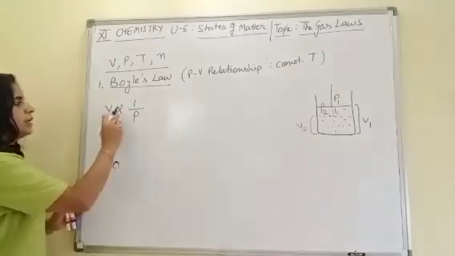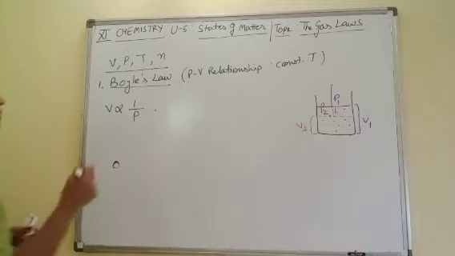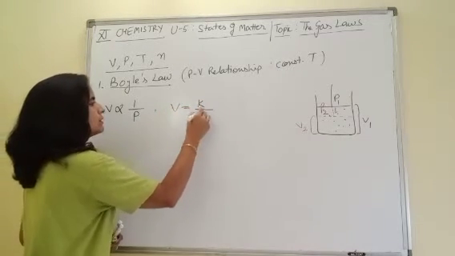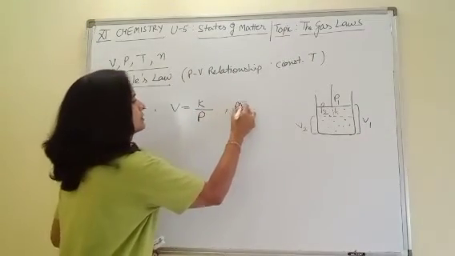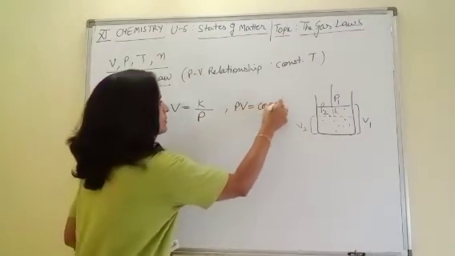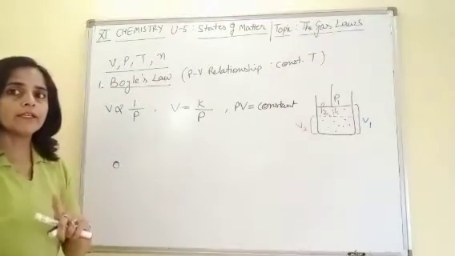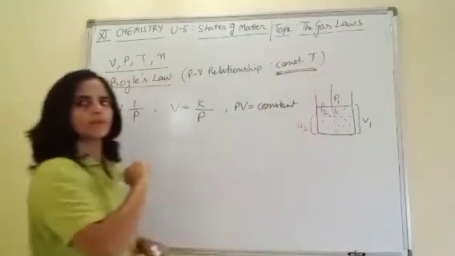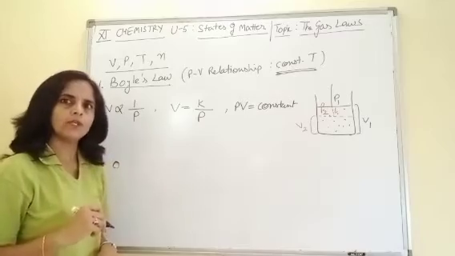Understood children? Now, if I remove the sign of proportionality, I may write V equals K upon P, or PV equals constant. Keep one thing in your mind, temperature should remain constant. We cannot change this. Only then can we relate pressure and volume.